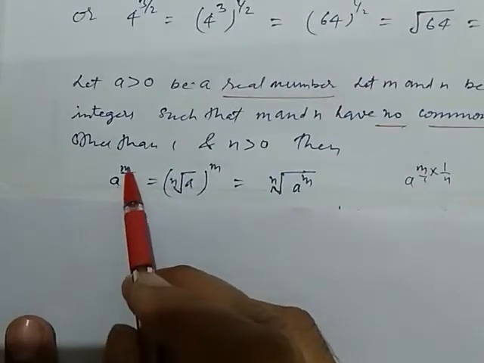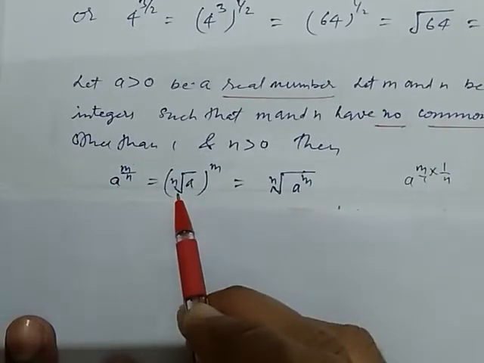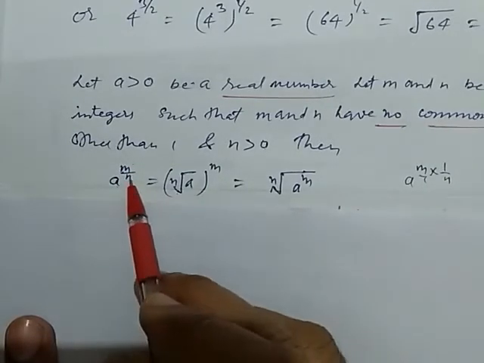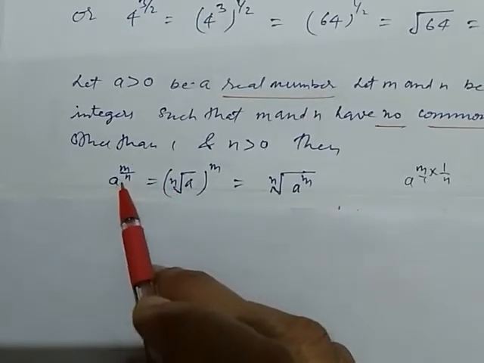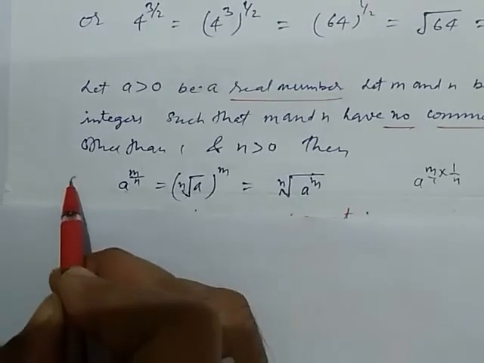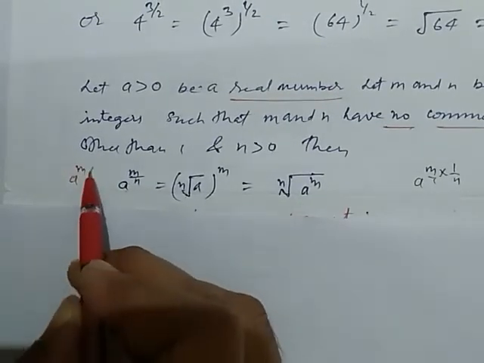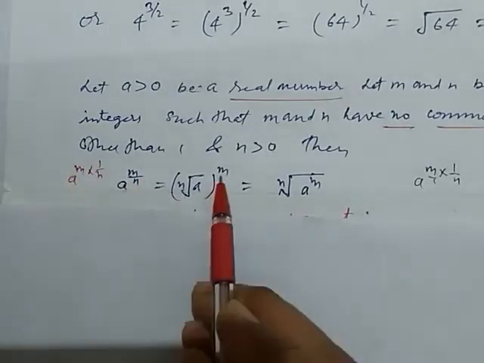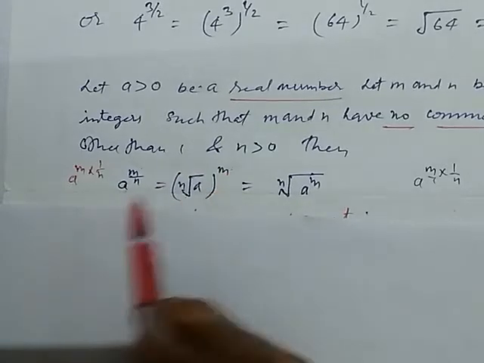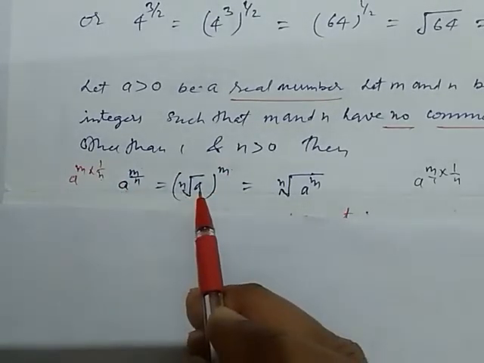A raised to the power m by n can be written with n as the nth root. Here this can be written as a to the power m into 1 upon n. This m we take as a whole power, and this 1 by n means nth root of a.